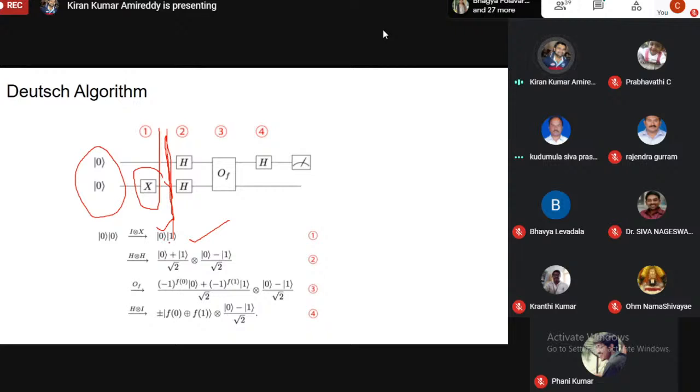Applying it on this qubit 0 and 1 gives 0 plus 1 by root 2, and 0 minus 1 by root 2. 1 is for this and 1 is for this. So this is the binary multiplication.